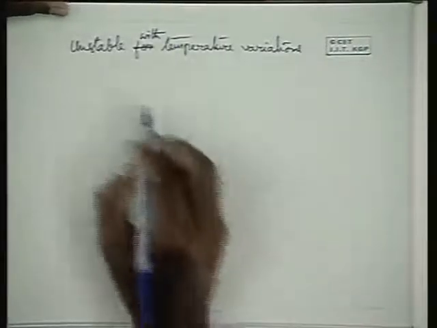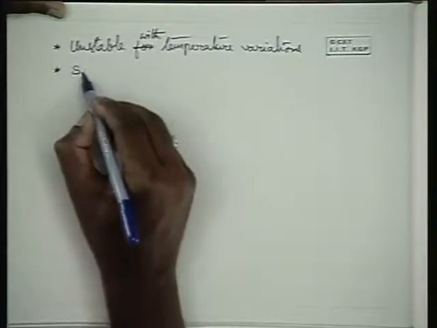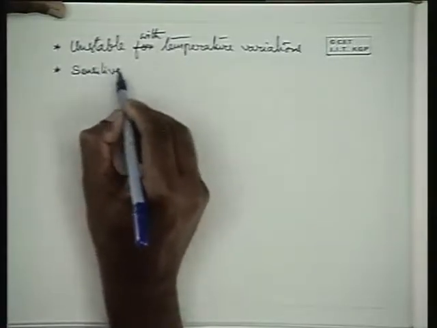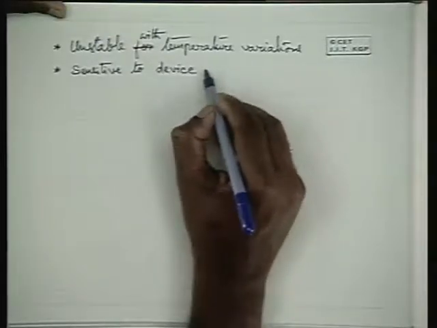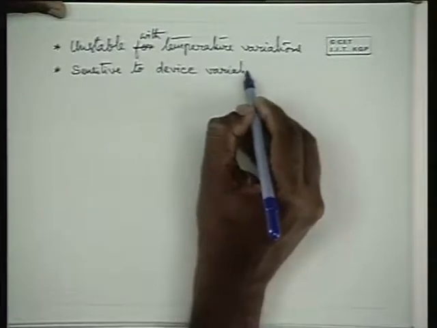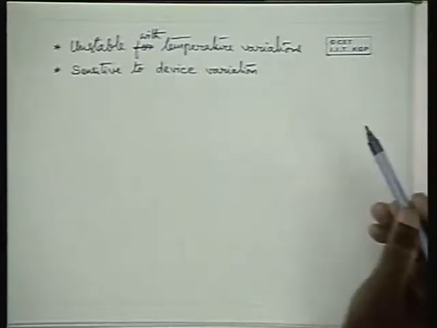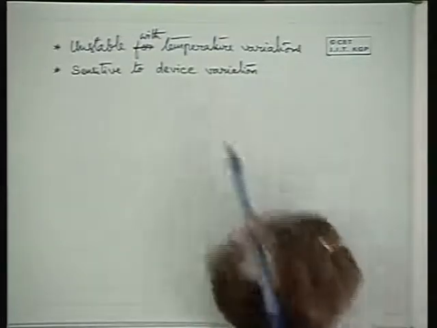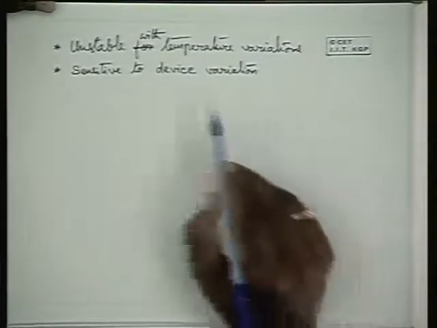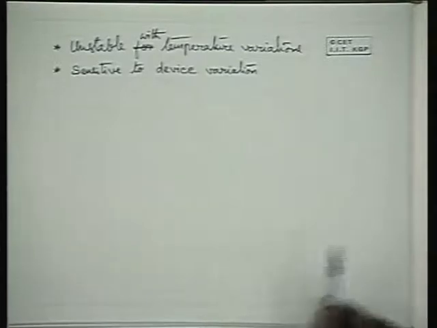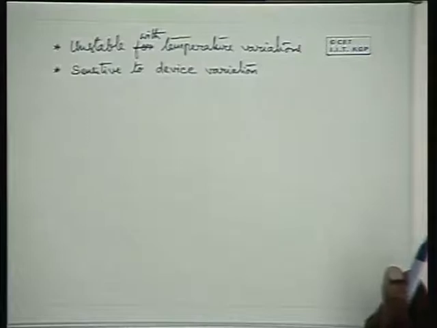This is one drawback, and the other drawback is that it is sensitive to device variations. If you change the device, that means if you change the transistor, the Q point shifts. So that is the other drawback. Because of these two reasons, a fixed biasing circuit is not a good circuit.